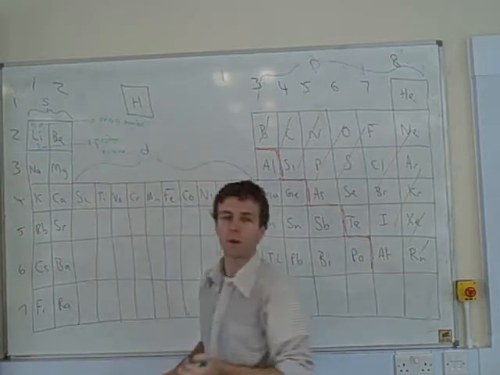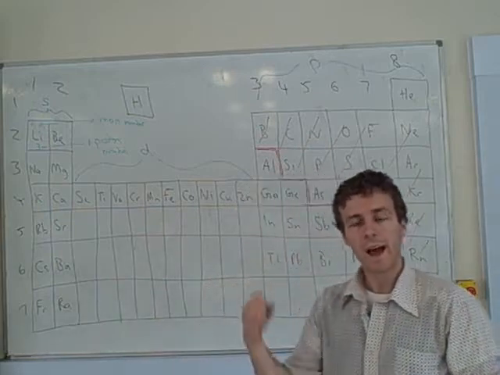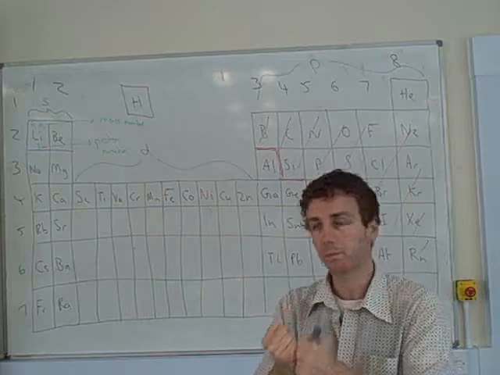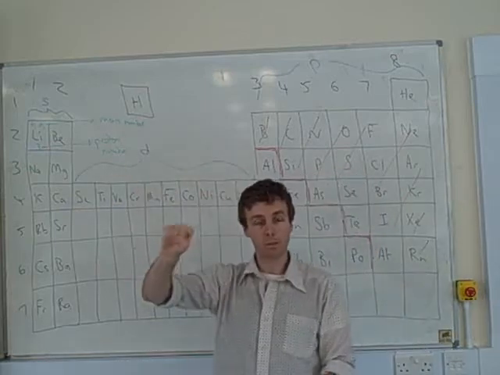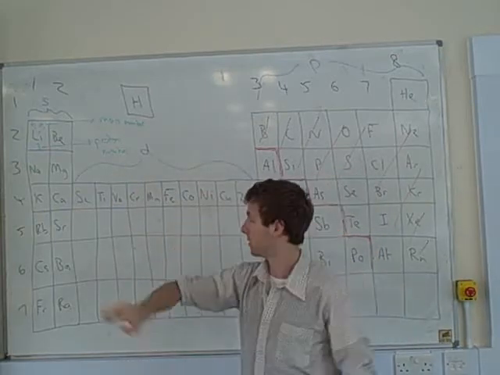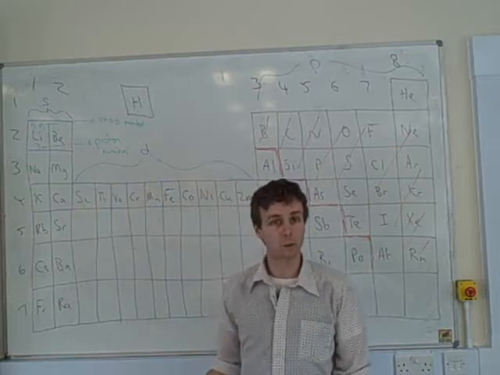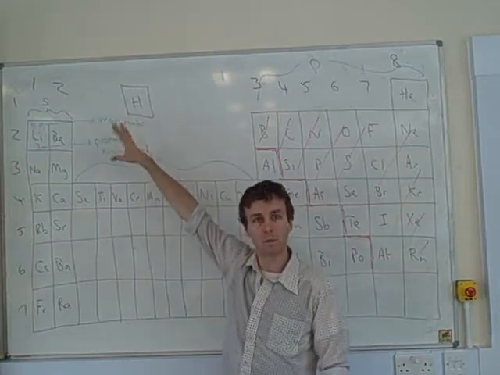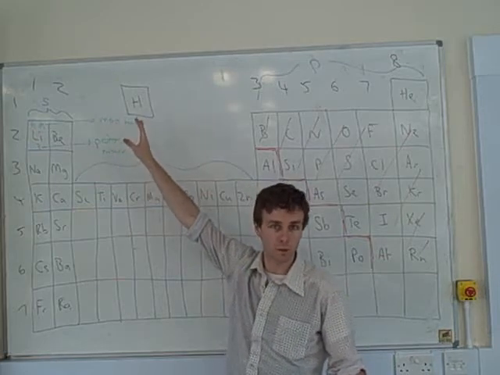Sometimes it's called the nucleon number. And that tells us how many protons and neutrons added together we have. So the mass number is the protons and the neutrons. The proton number is just the protons. So if I take the difference between these numbers, that will tell me the number of neutrons.